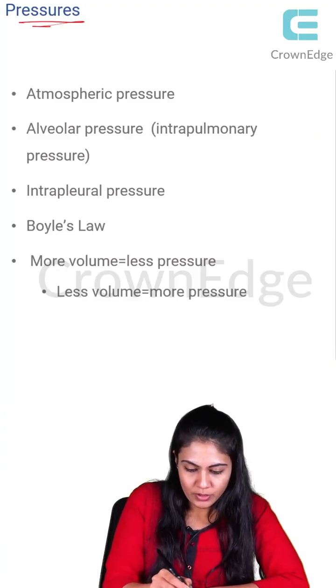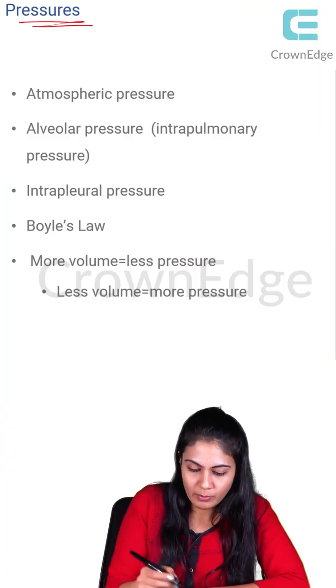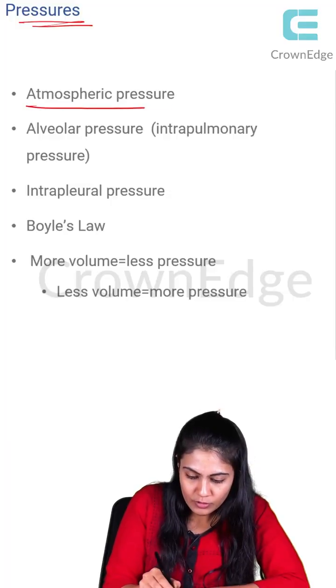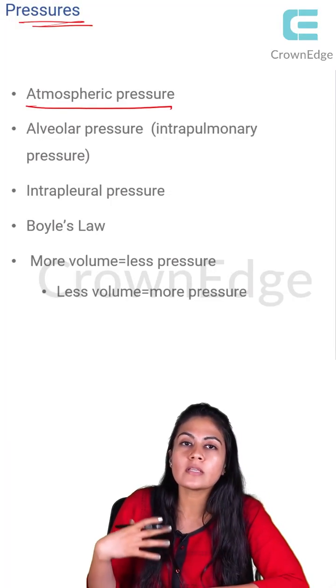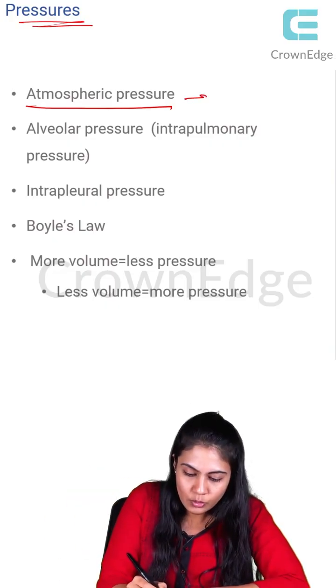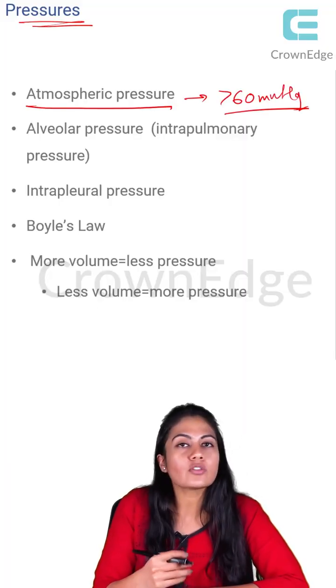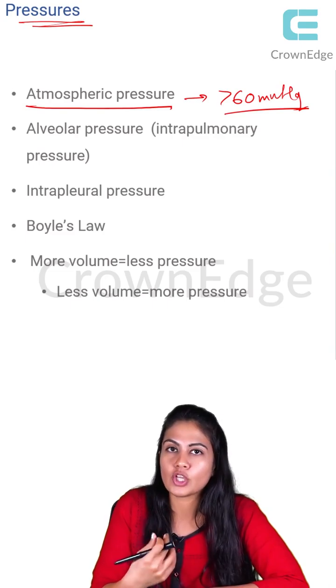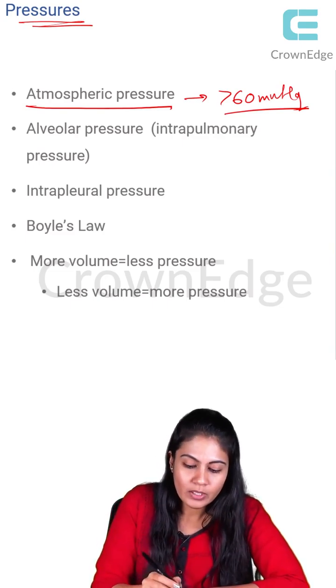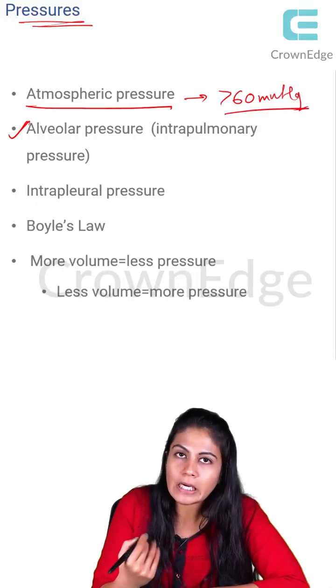Then the pressures. Some pressures you have to remember. There are many pressures. Atmospheric pressure is the pressure present in the atmosphere, usually 760 mmHg. That is a constant level, it will not change, so you have to remember that. The alveolar pressure: what do you mean by alveolar pressure?